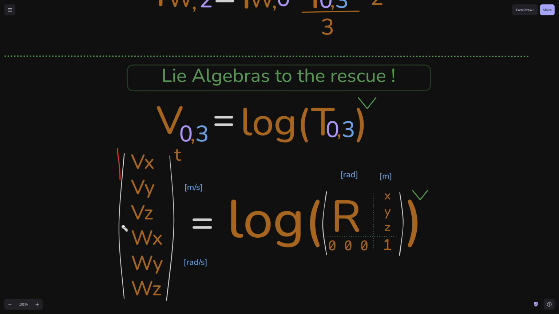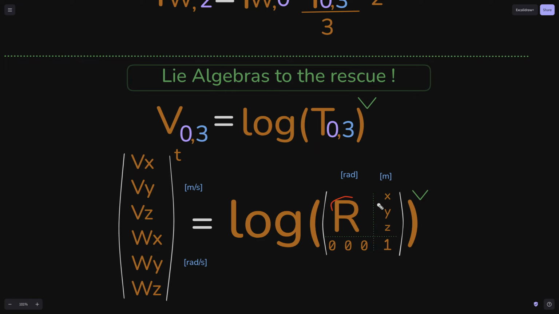Well, this vector falls under R6 and has 3 linear velocities and 3 angular velocities. Note one thing that is quite odd: we are doing a mapping, and this will actually be a one-to-one mapping, because then we will reverse it with the exponential that we'll explain later on. So this one-to-one mapping is mixing things, right?